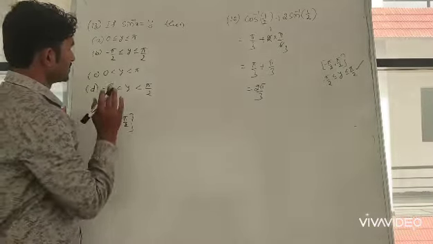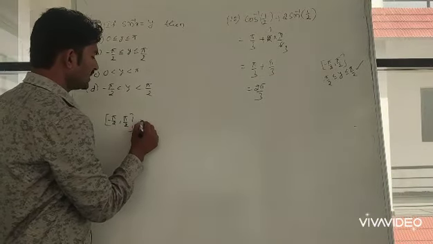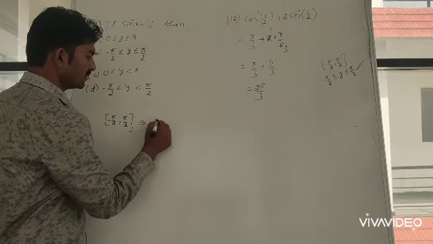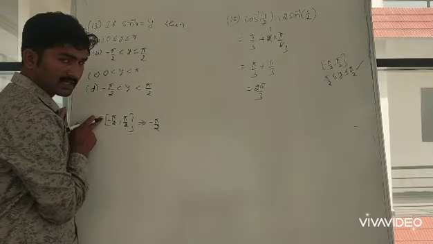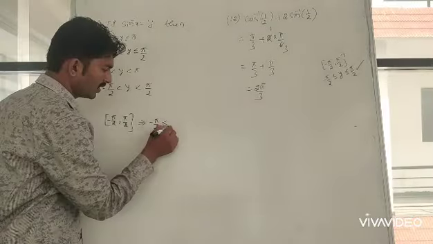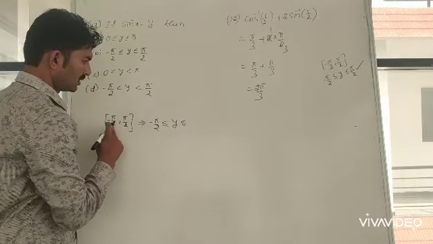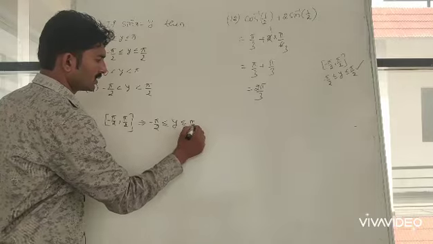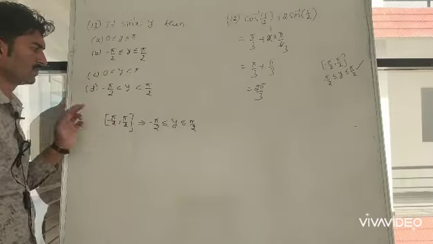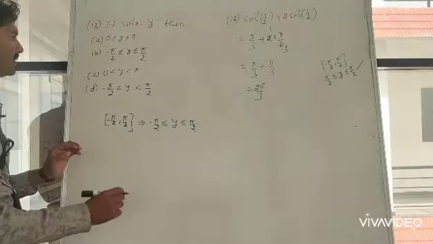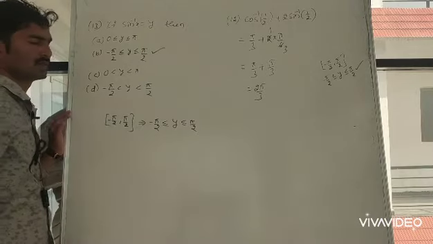So we can write it as minus pi by 2 less than or equal to y, the left side is a closed interval, less than or equal to pi by 2, that is also closed. So this is the right answer. That's why option B is correct.